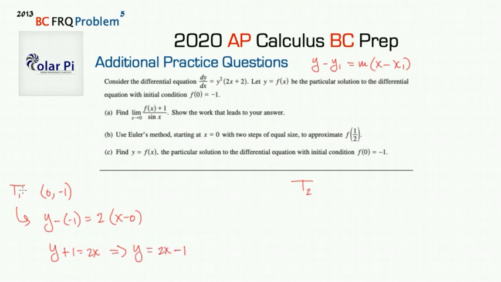Now, we use T1 to find the corresponding y value to the next x using our step size. Since we're going from x equals 0 to x equals 1/2, since we want to approximate f of 1/2, the middle where we're going to step is x equals 1/4, right?